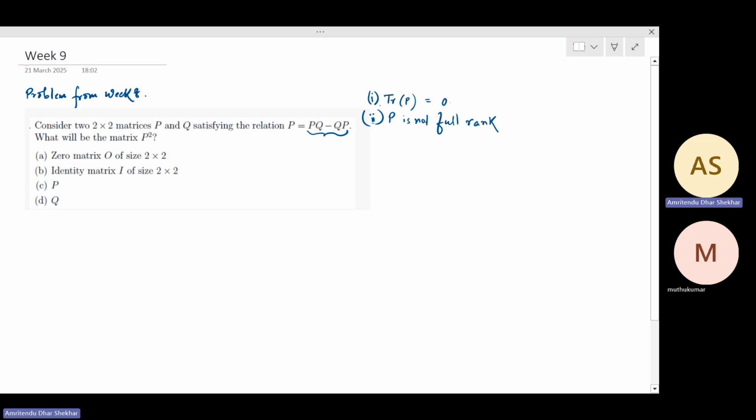Okay, so P is not full rank. So why is P not full rank? Because let's say if P were full rank, then we get the following basically.